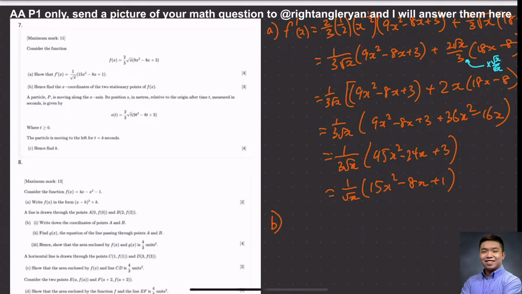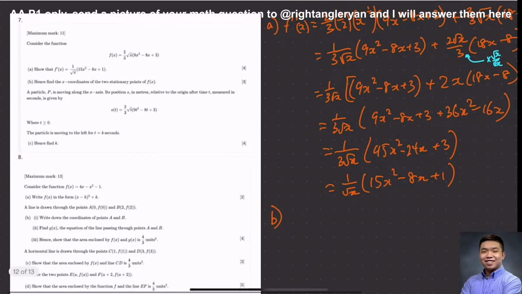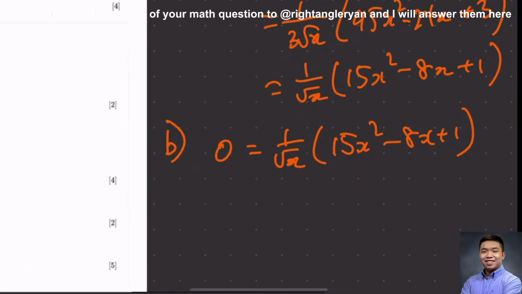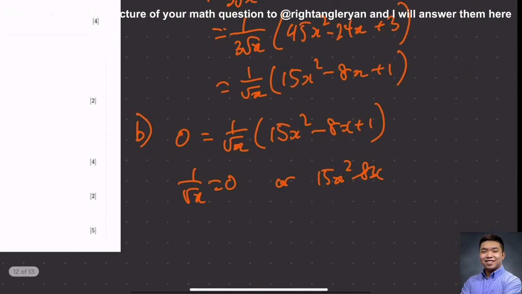Stationary points means I want to find the either min or max or point of inflection of original f, right? So to find the original stationary points of f, I need to set the derivative equals 0. So I have this. So it's either this equals to 0 or 15x squared minus 8x plus 1.